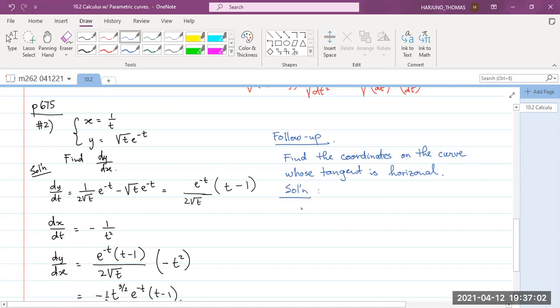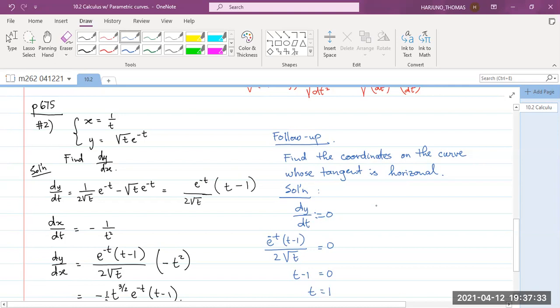So basically we need the dy/dt to be 0, right? Now the reason I factored that earlier is so that we can see the zeros a lot faster. Now this equals 0 if t minus 1 equals 0. No other way, because e to the negative t can never be 0, right? So it is 0 when t equals 1.